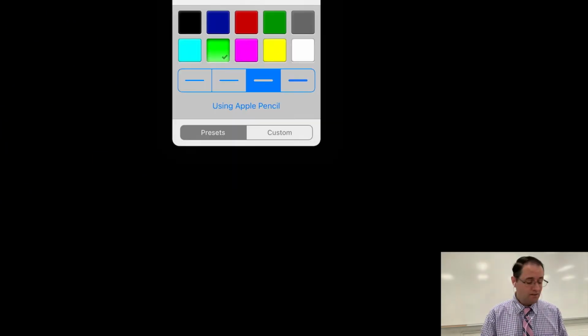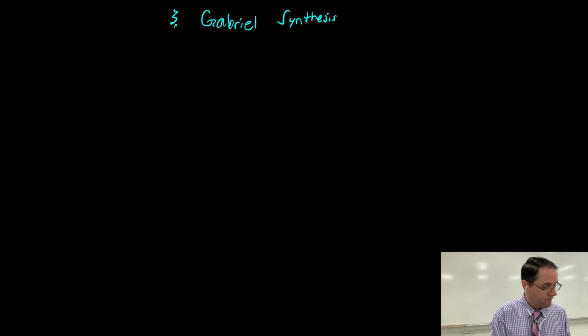All right, now let's talk about the Gabriel amine synthesis, or just the Gabriel synthesis. Again, this is another way to make amines, and it's a kind of a steppy process, and we use a very large molecule, okay?